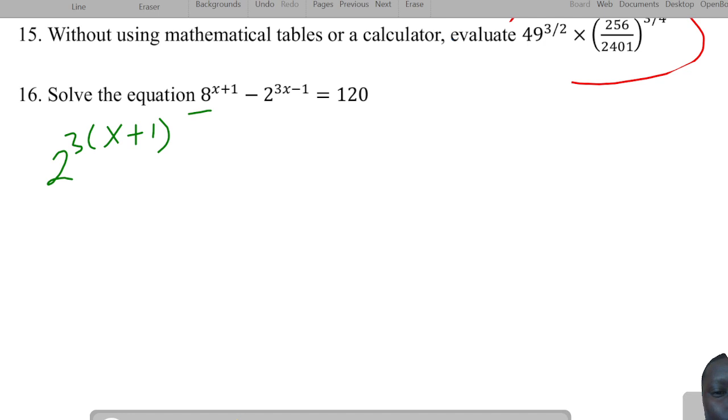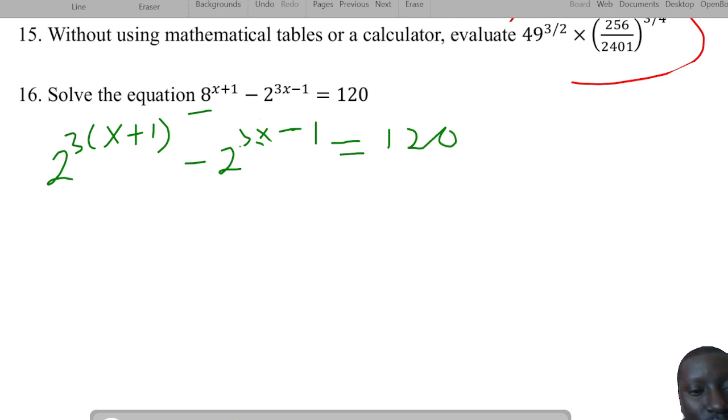Then this one minus 2 power 3x, that is 2 to the power of 3x, minus 1 equals 120.